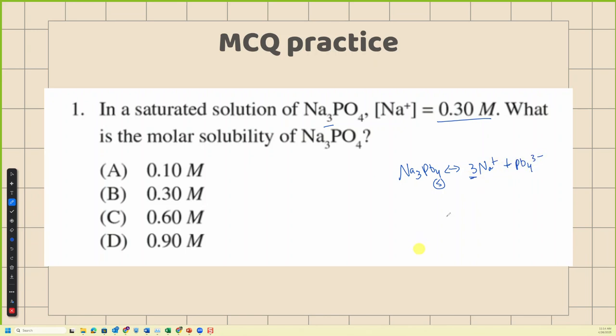So the 3 sodiums here, this is the 0.30 molar. And we know that molar solubility is based off of the original formula unit. So that would be 1/3, because this is a 1 to 3 ratio. So we would divide this by 3. So the molar solubility would be 0.1.